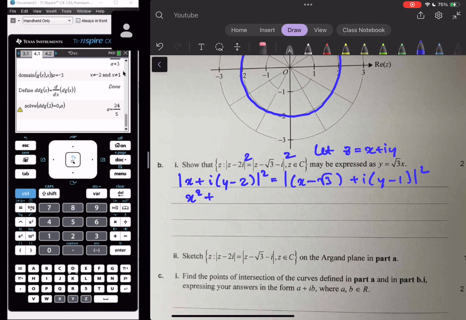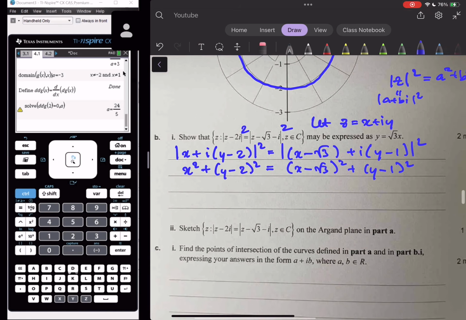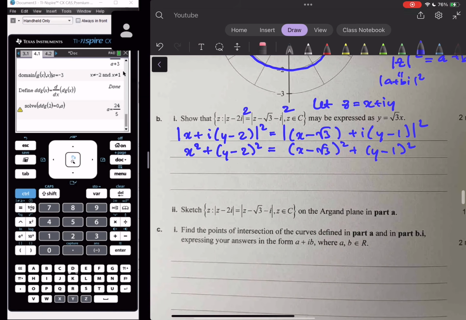So x squared plus (y minus 2) squared is equal to (x minus √3) squared plus (y minus 1) squared. Remember, if you take the absolute value of z squared, if z is equal to a plus bi, then this is just equal to a squared plus b squared. That's Pythag. Okay, so we can expand some things out here.